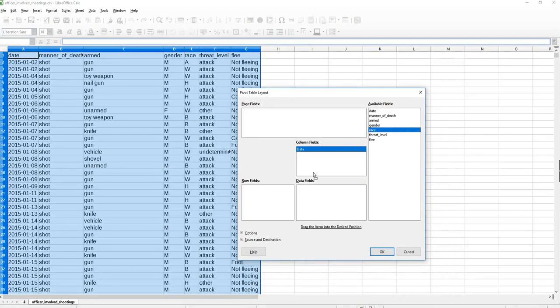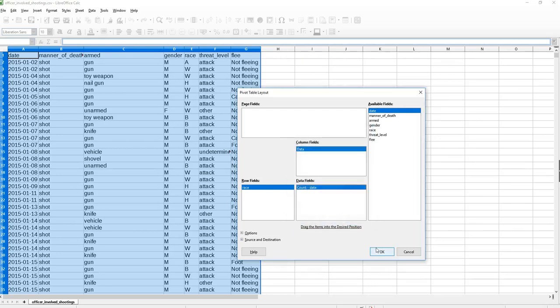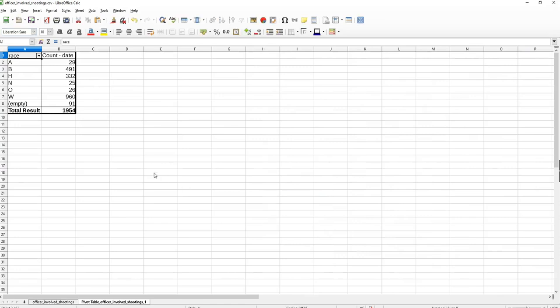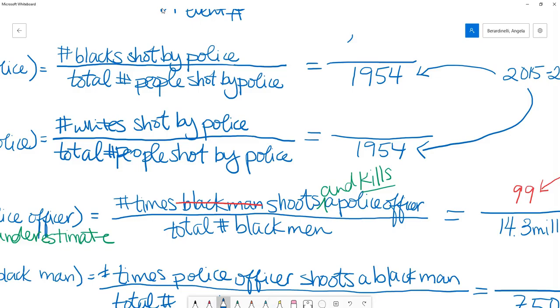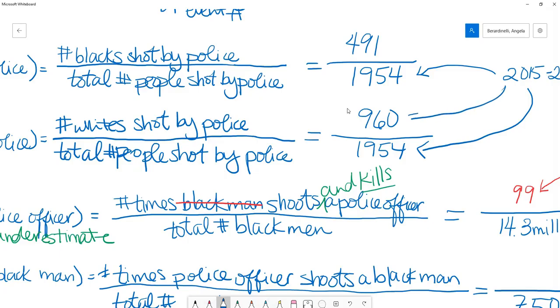And I want to look at race, and so for the total number of blacks shot, we have 491. And for the total number of whites shot, we have 960. And so this is from the same data as before.